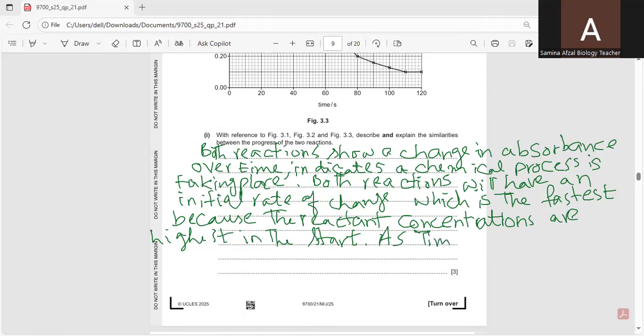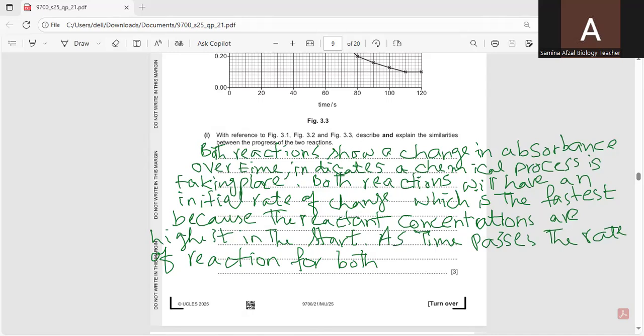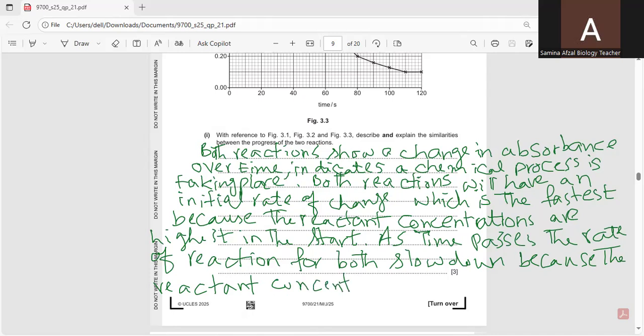As time passes, the rate of reaction for both slows down because the reactant concentration decreases.